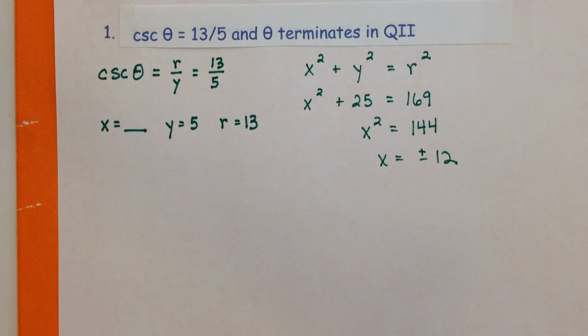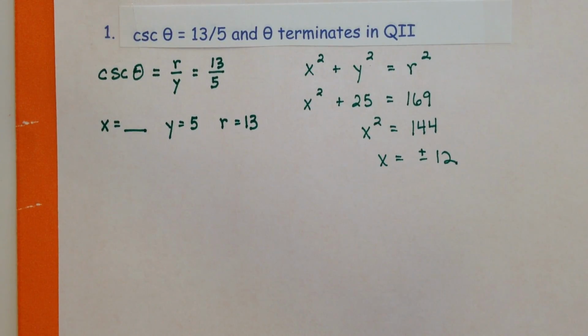Now I know when I was finding r earlier, we did not ever worry about the plus minus, but we were told r is always positive. But as you could see on those previous examples, x and y can be negative depending on what quadrant you're in. So you have an x value that's either positive 12 or negative 12.